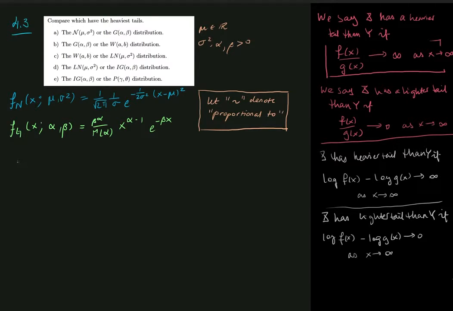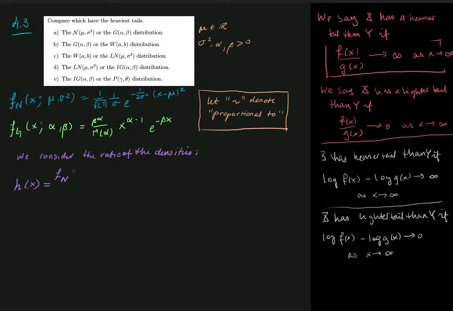So we consider the ratio of the densities, and I call this ratio h of x. I can choose which density I put in the numerator.